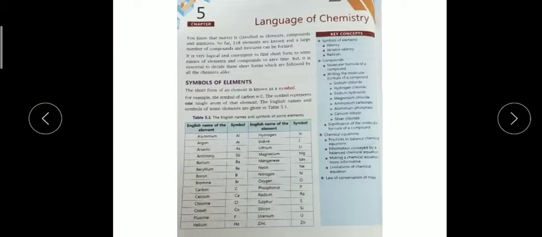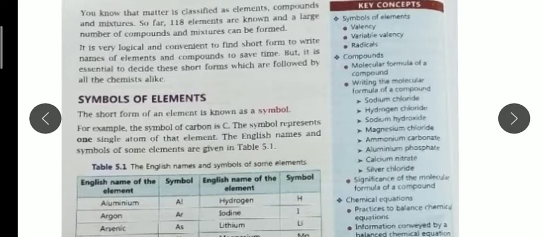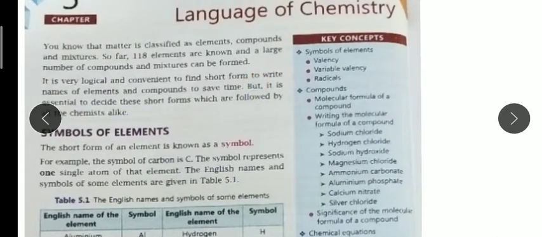Children, today I am going to start chapter number 5, Language of Chemistry. As you can see, a few topics of this chapter are the same as the earlier chapter that I have already explained to you, like the symbols, what are the elements, what is valency, the combining capacity of an element, variable valency, radicals.